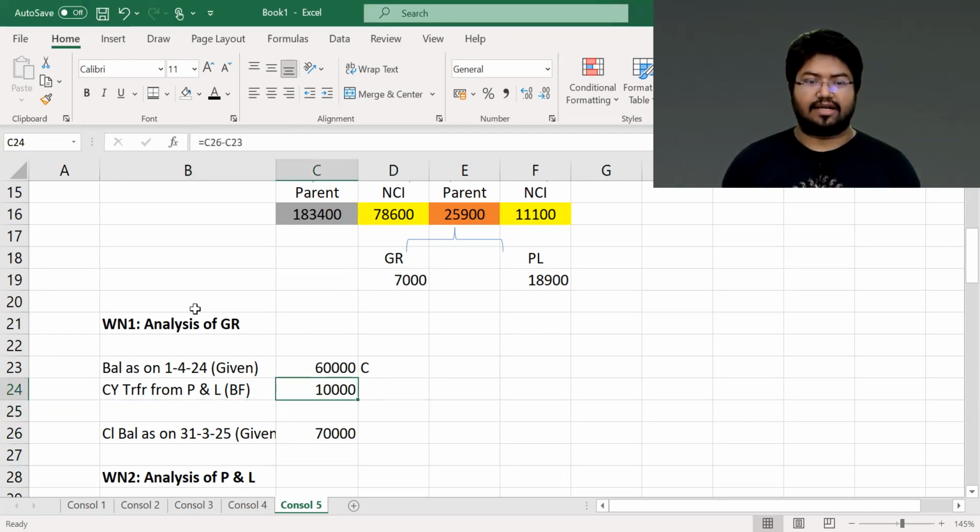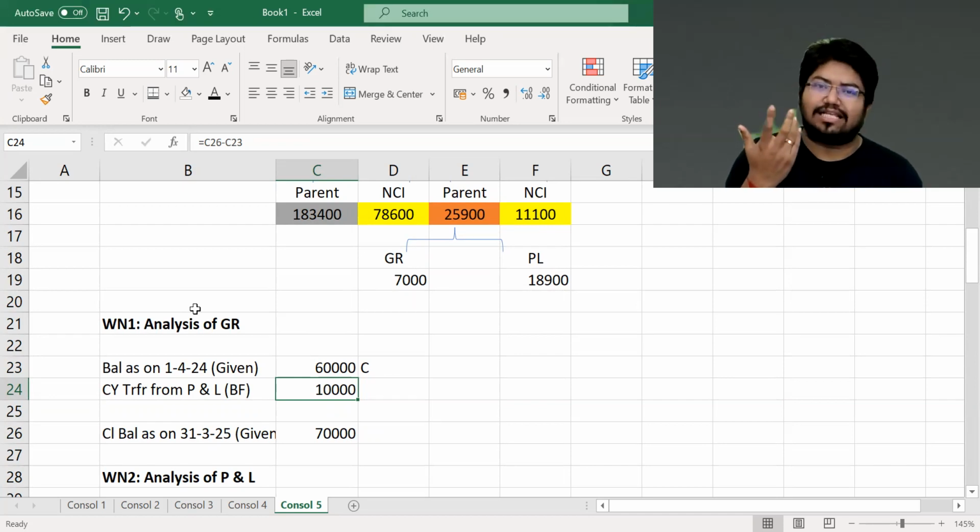Current year transfer from P&L is 10,000 rupees, but I cannot say that the 10,000 is completely out of revenue profits, because the date on which control happened is in between the financial year. If he had specifically stated that this 10,000 is transferred out of revenue profits of the current year, then you could say so.